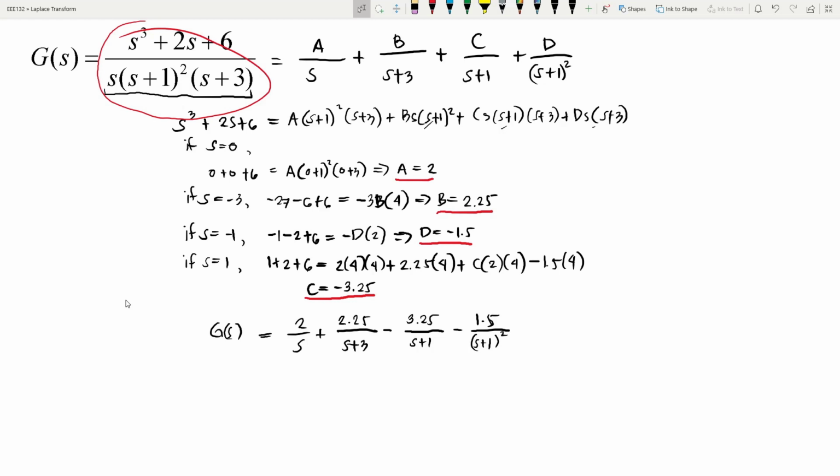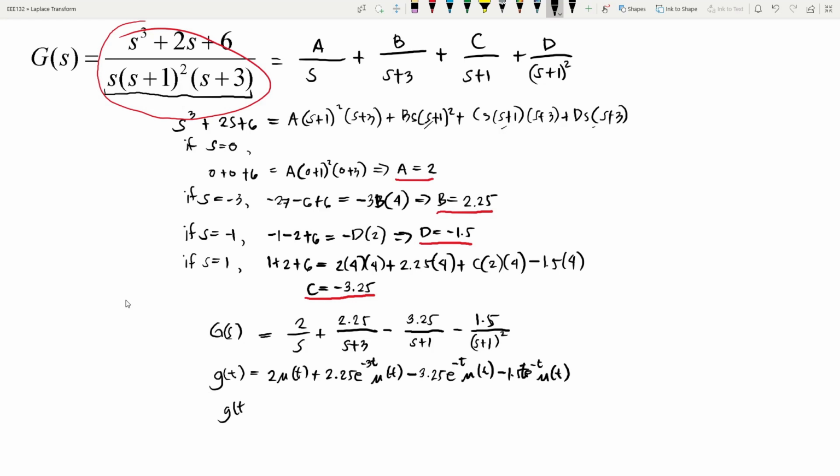Now getting the inverse Laplace of this equation, we have 2 u of t plus 2.25 e to the negative 3t u of t minus 3.25 e to the negative t u of t minus 1.5 t e to the negative t u of t.